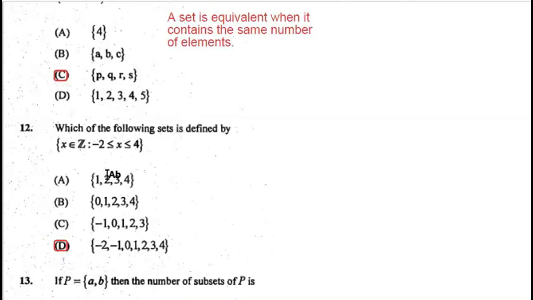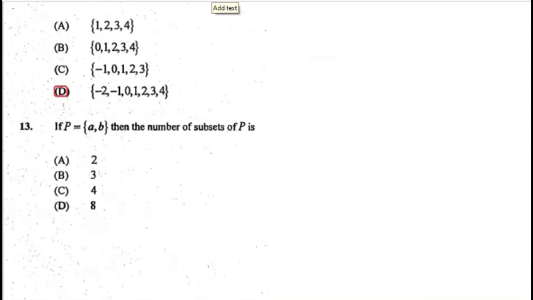No other option starts with -2, so at no point do any of the other options allow x to be equal to -2. There are some that allow x to be equal to 4, but they don't fulfill the other requirements of the inequality. So our answer for 12 is D.